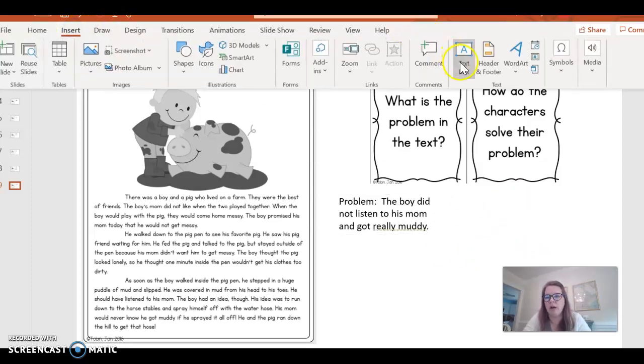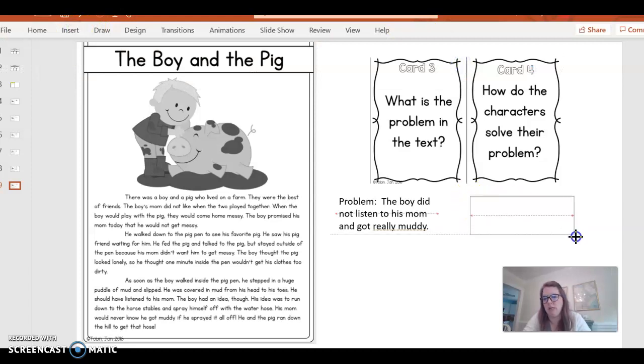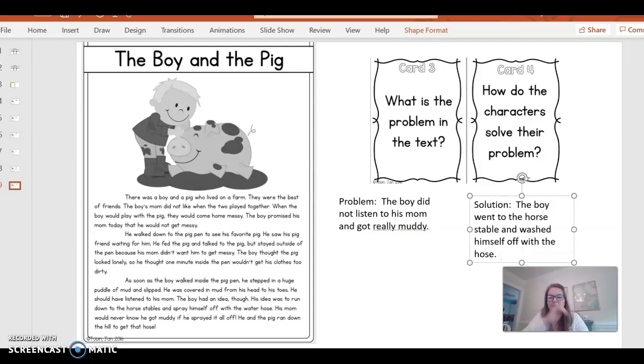So he had to figure out how to not be muddy anymore. And so here, the solution, or how he solved the problem, was the boy went to the horse stable and washed himself off with the hose.